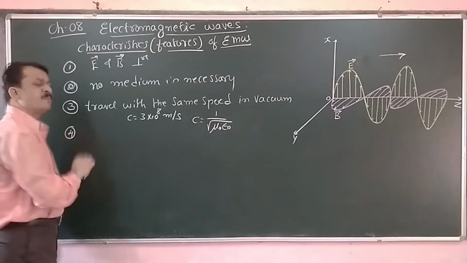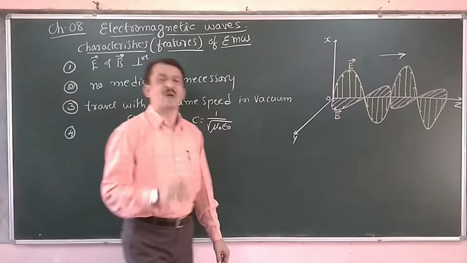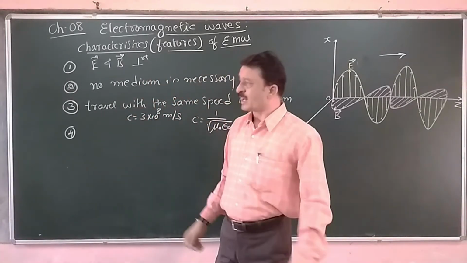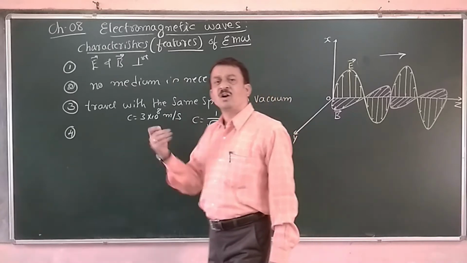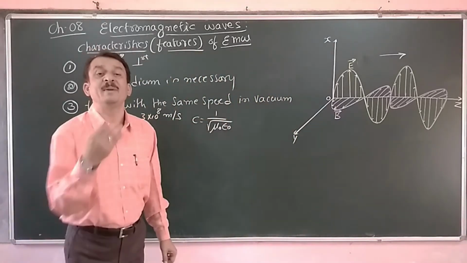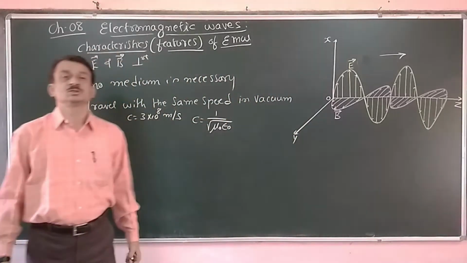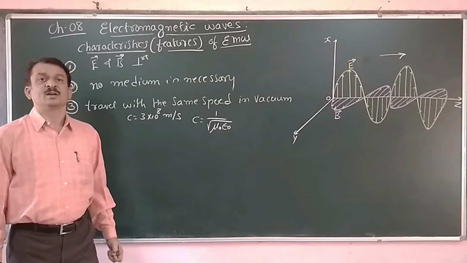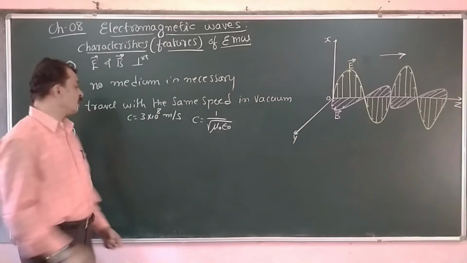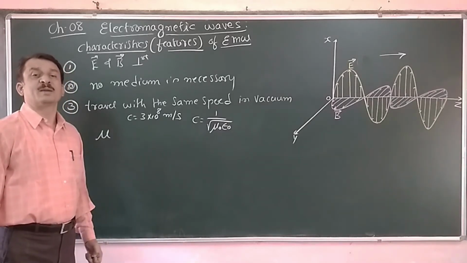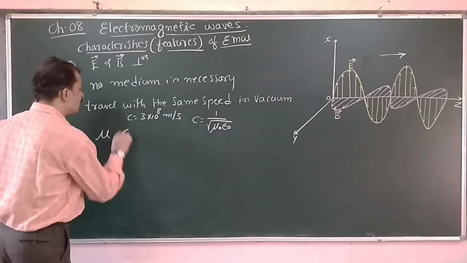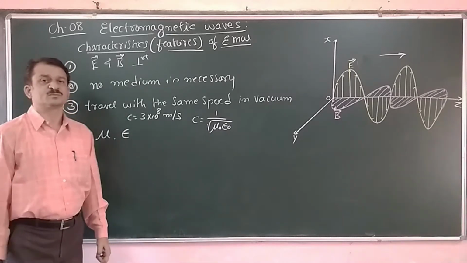But if you have some medium other than vacuum, then the speed of the electromagnetic waves depends on two terms: one is the permeability of the medium, that is mu, and another is the permittivity of the medium, that is epsilon.